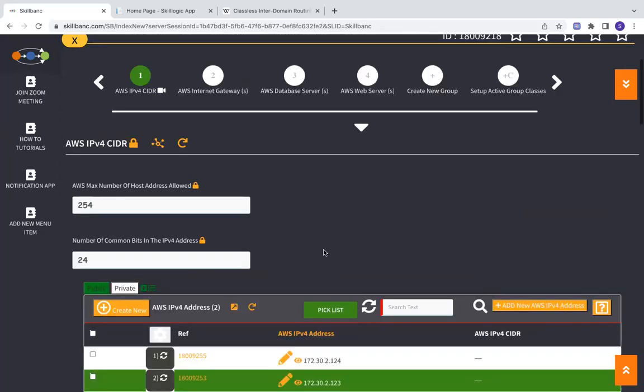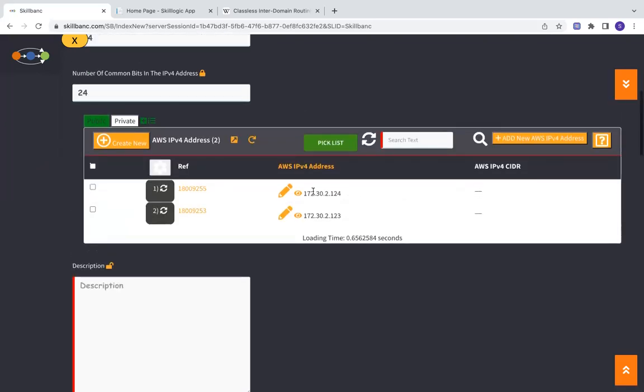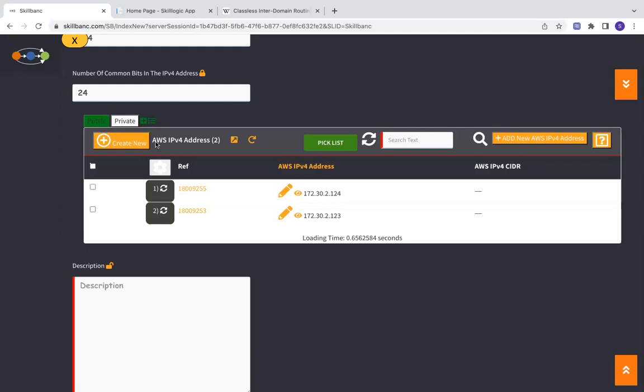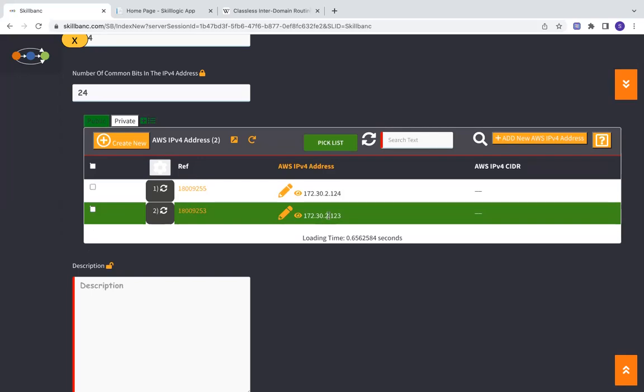So in this subnet 172.32.0/24, I can have all these devices up to a maximum of 254. So this grid can have a maximum of 254, and this prefix would be exactly the same.